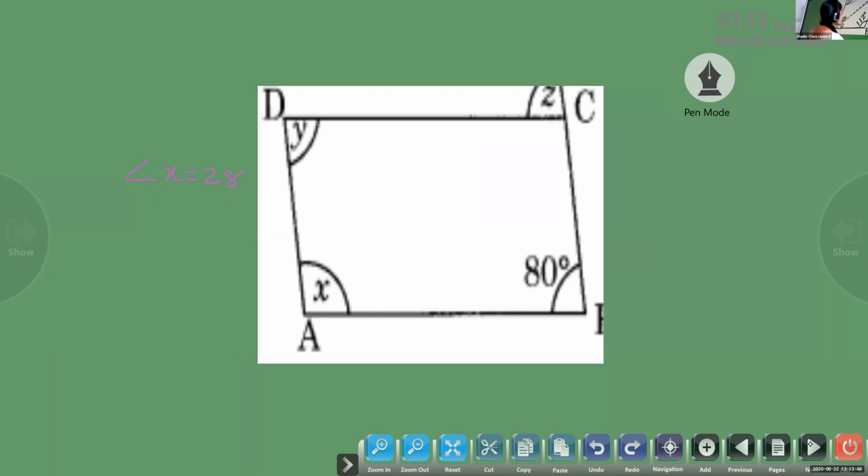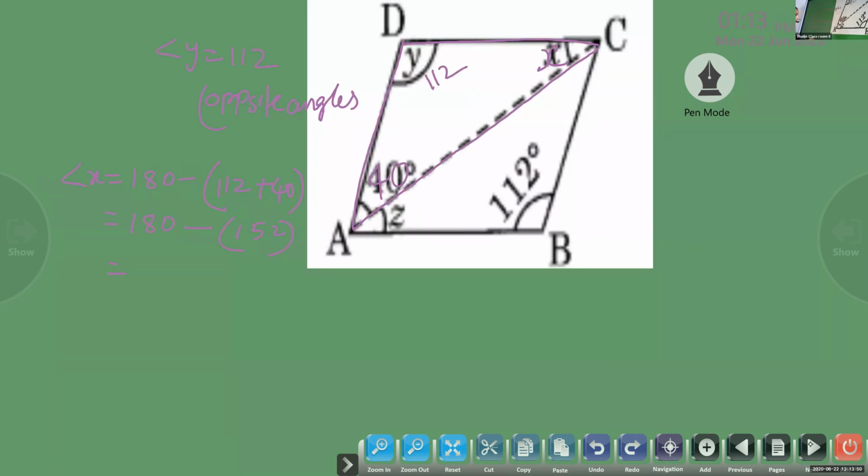Ma'am, angle Z is also equal to 28. Angle Z and angle X are opposite angles? Adnan, which type of angles are angle X and angle Z? Alternate interior angles.